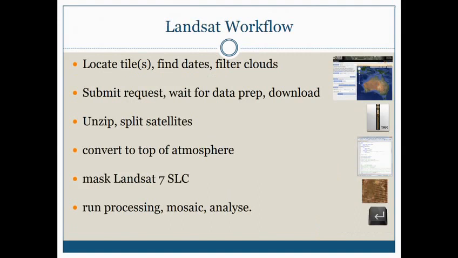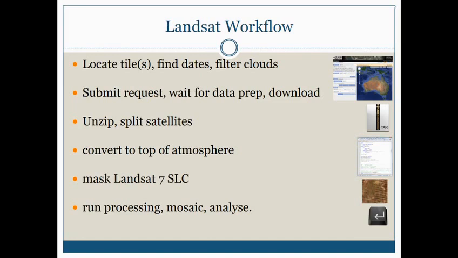So compare that to what you would normally do with Landsat. You have a project that you want to map inundation on. You would have to locate the tiles from the USGS website, filter it for cloud cover, submit a request to USGS, wait for them to pull it from the archive, download the data, unzip it and split it into different satellites because you have different parameters to be able to convert it to top of atmosphere.